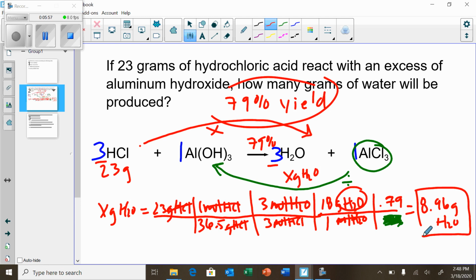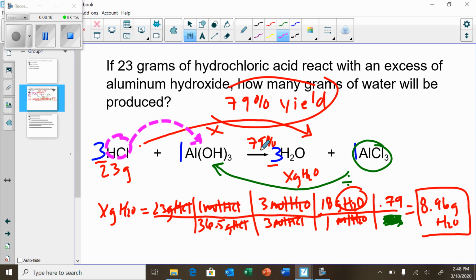Now here's the interesting case. What if I was moving from this guy to this guy? So I'm not crossing the arrow. And the answer is, you guessed it again, the reason that we write the percentage yield on top of the arrow is because it only matters if we cross the arrow.